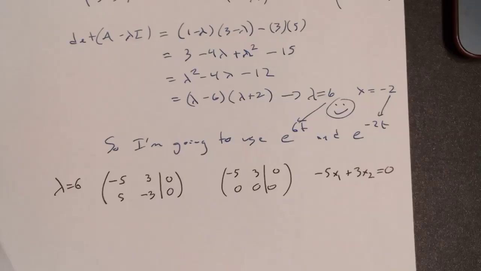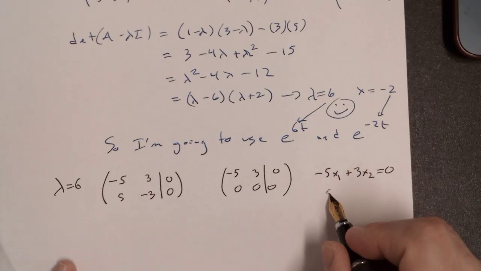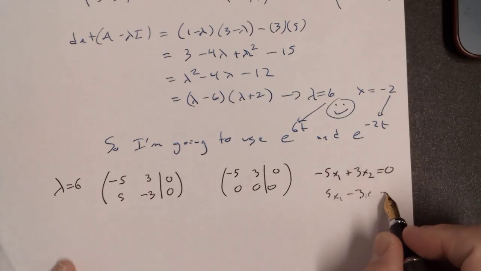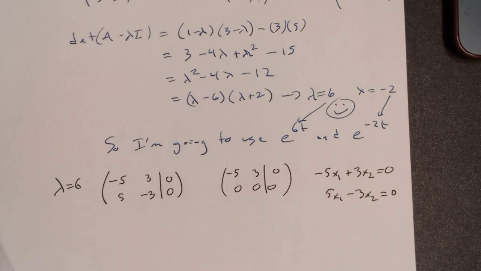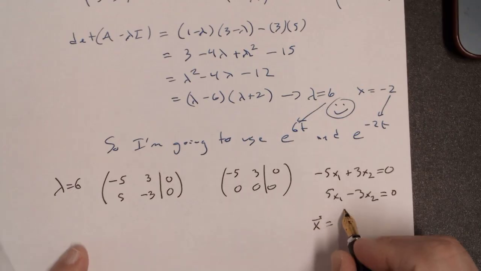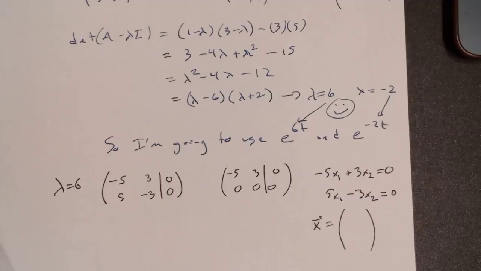Or you could multiply by -1 and you could say 5x1 minus 3x2 equals 0. Either way, it doesn't matter. Give me a vector, x1, x2, whose numbers make that work. What numbers could you put in other than 0 that would make that work?